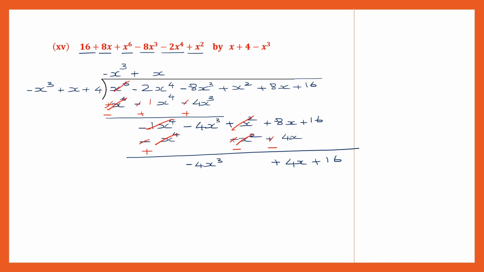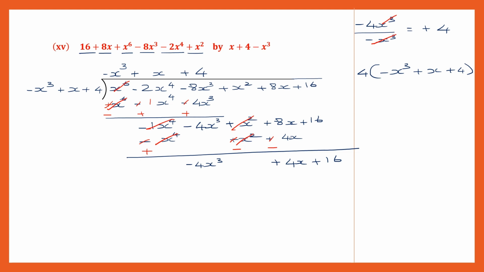Now again take the first term and divide it by the first term. So here we have minus 4x cube divided by minus x cube. So here the sign is plus, then number is 4, x cube and x cube get cancelled. So I have only plus 4, which I will write in my quotient, plus 4. Now I need to take 4 and multiply it with every term here. So let's do that. I'm going to multiply 4 into minus x cube plus x plus 4.